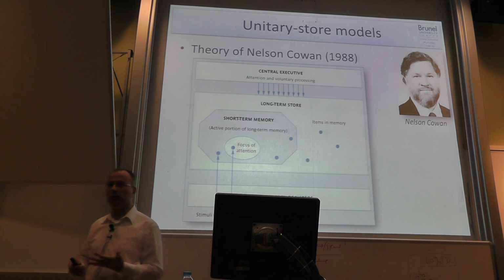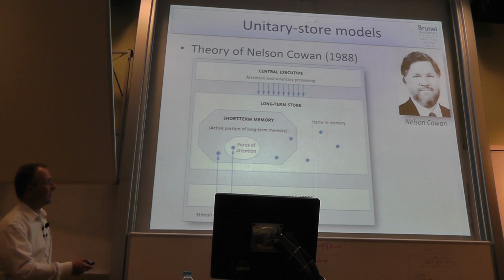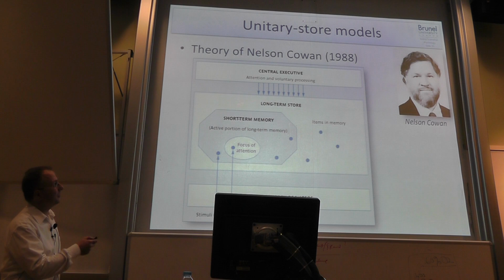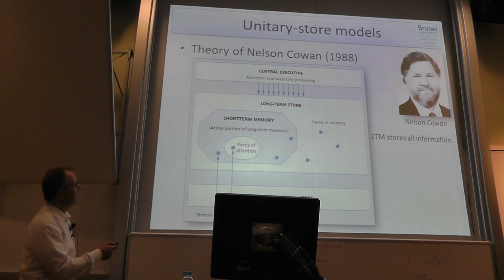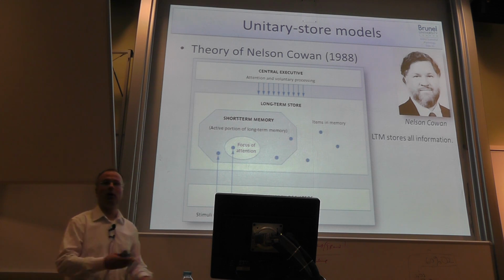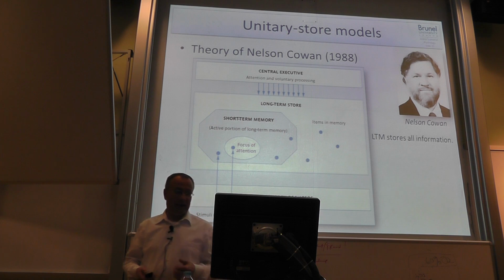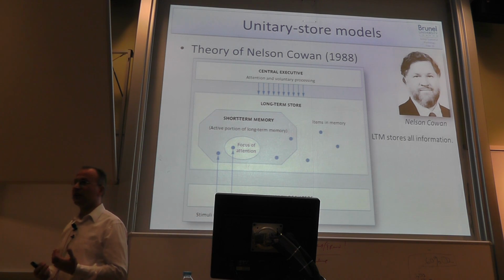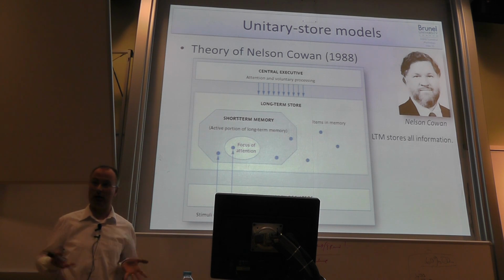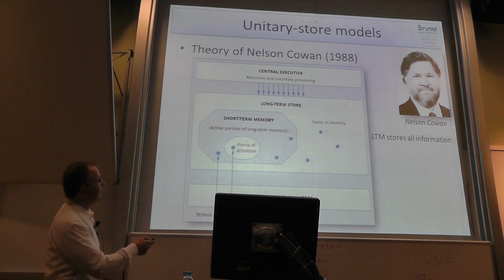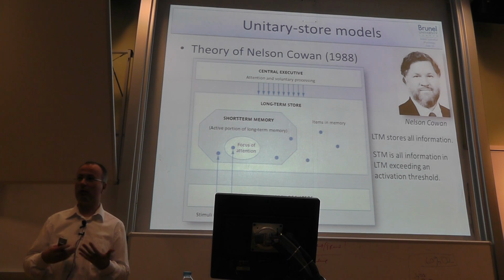Nelson Cowan was one of the people suggesting this type of model. The idea is that we basically only have a long-term store, and this long-term store stores all information which we have. Now, what we can do is activate certain portions in our long-term memory, and these activated parts constitute our short-term memory.